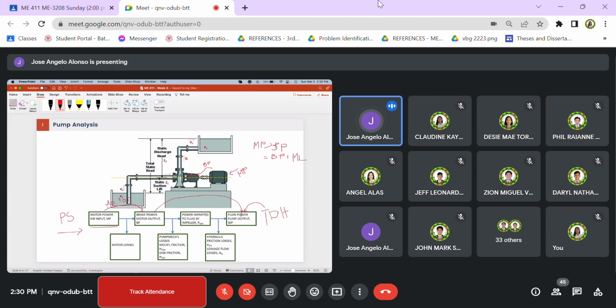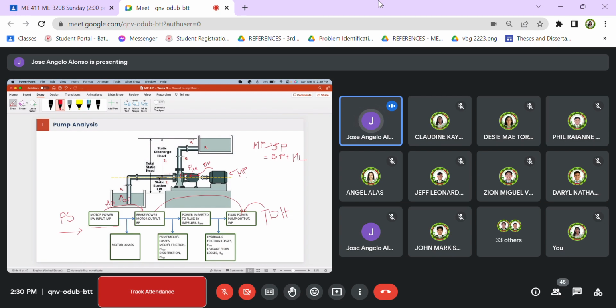So once na napaikot ng motor natin ang propeller or what we call impeller, sorry, propeller is for the turbines and then impeller for the pumps. Then we have what we call here as the power imparted to fluid by the impeller. It's denoted by PISP.